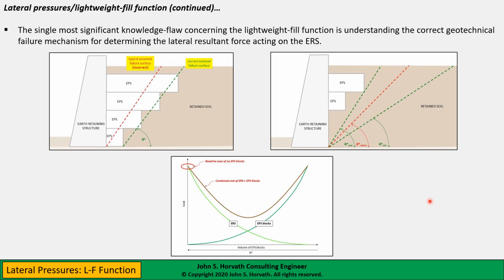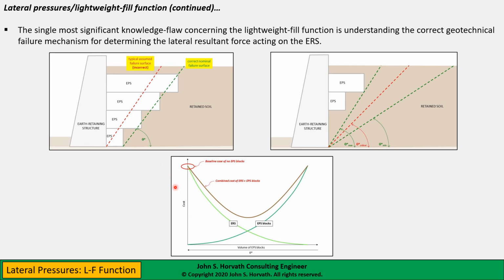There is some minimum safety factor you're now trying to achieve. So the process here with an existing structure becomes a bit more complicated, because it's really not so much the cost of the earth retaining structure. The earth retaining structure is there.